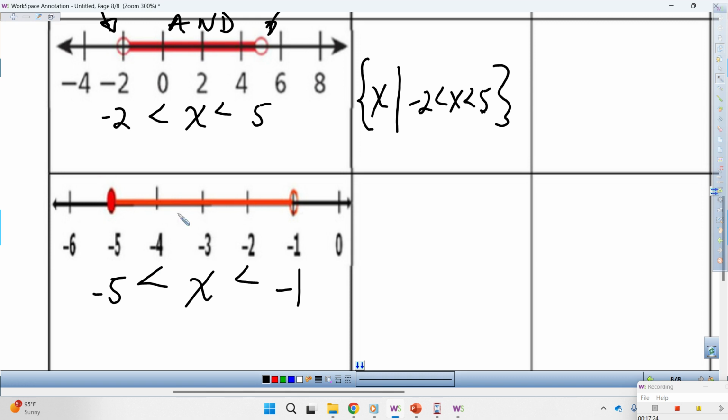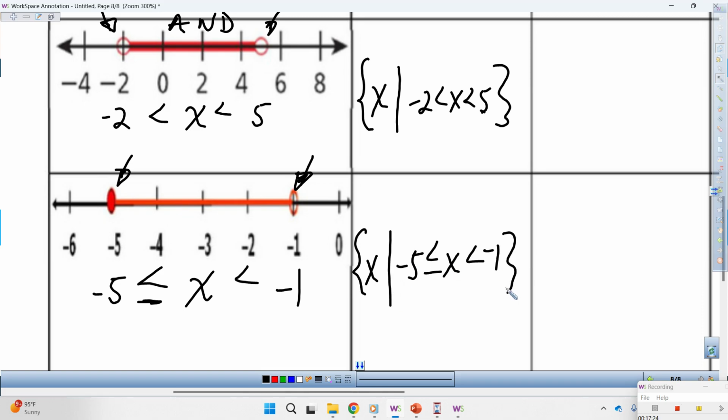However, which one has a closed point? -5, so we put an equal sign. How about this one? No, that one's an open point, so we leave it without the equal sign. Therefore, set notation: solution set of x such that -5 less than or equal to x less than -1.